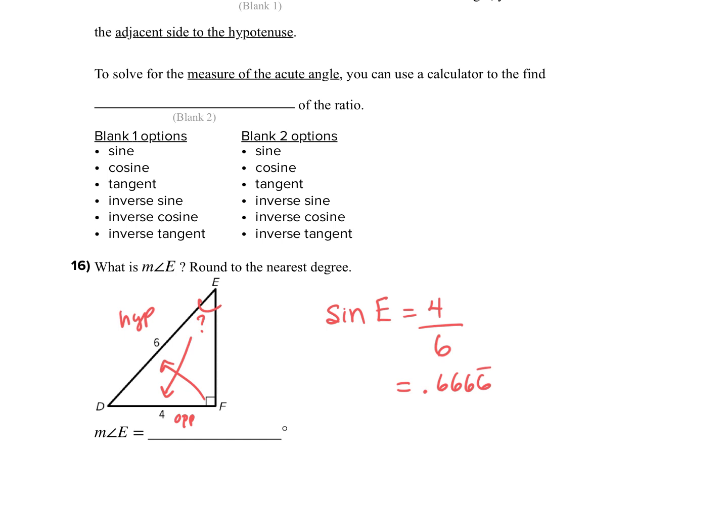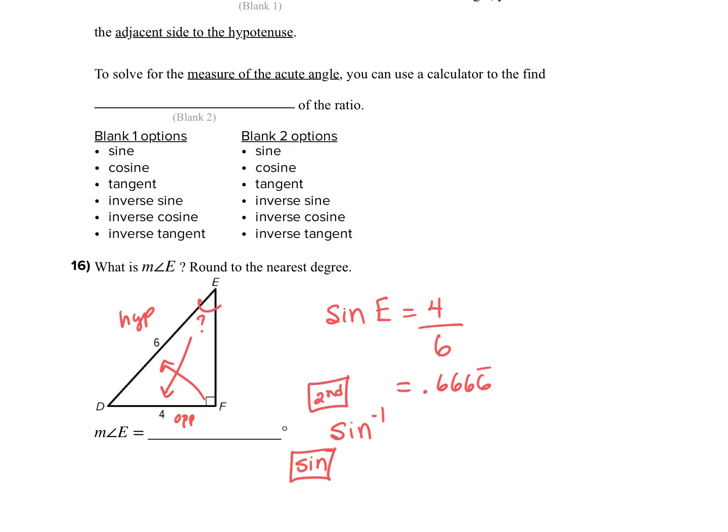Now, if you're using just the calculator, we would have to use sine to the -1. To get that, we have to hit the second button first, and then the sine button. This indicates to the calculator to not give me the ratio, but to give me the angle measure.